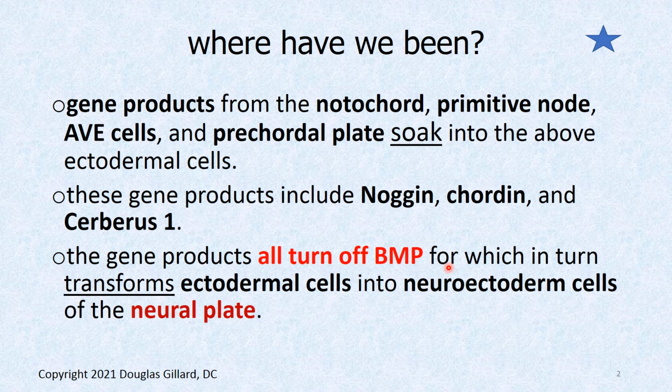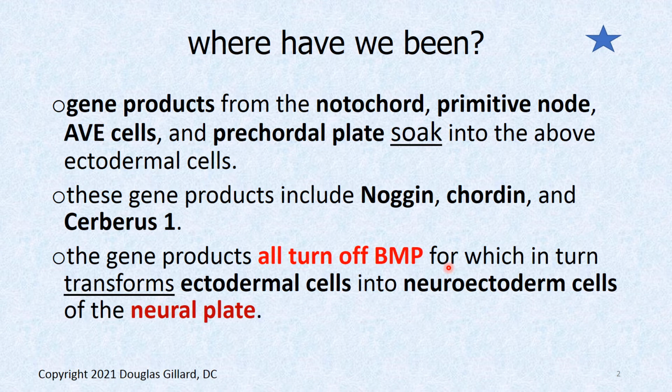So where have we been? We talked about how gene products in the notochord, the primitive streak, mainly the notochord, AV cells, precordial plate, are released and soak into the ectoderm cells. Specifically, some of those genes are called noggin, chordin, and Cerberus 1.